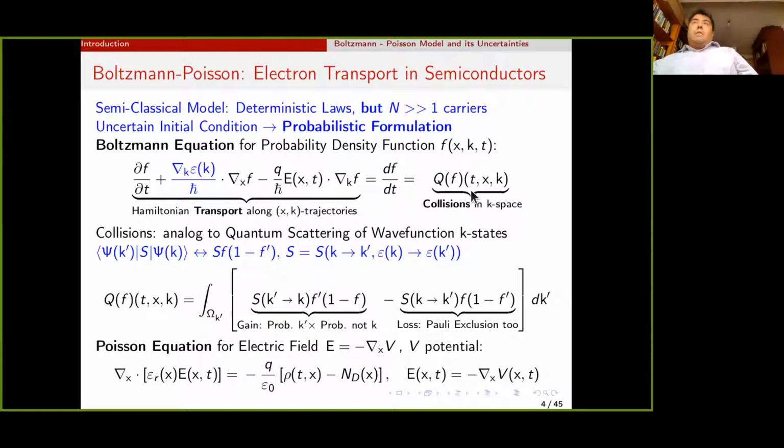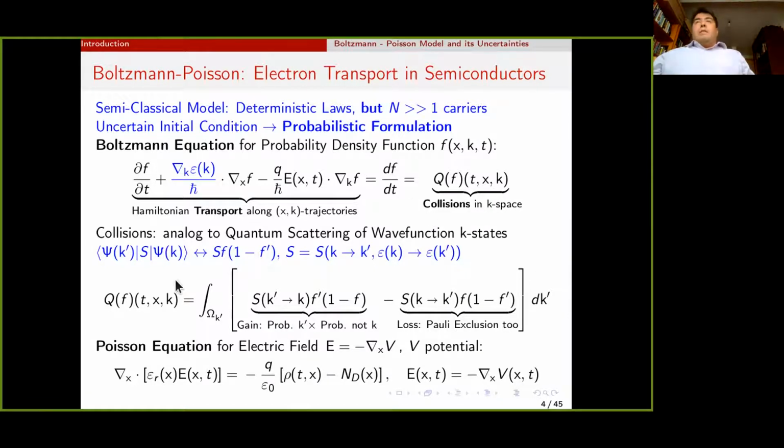So your collision operator has a structure which is analogous to the quantum scattering of wave functions. This is why I point in blue this analogy with the scattering transition matrix in quantum mechanics. And the scattering has as arguments the transitions in terms of momentum vectors and also in the energy, because energy conservation laws are going to guide this scattering process in its physics.